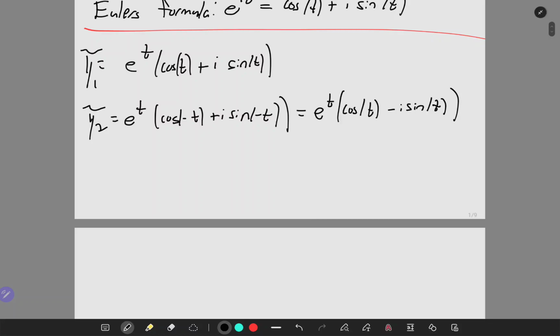So basically we can just look at one of them. Let's just look at y1. If we start with y1, we're gonna have, I'll call this like a u and a v. So like we're gonna have u would be e to the t cosine of t, and v would be, I'm not sure what happens to this i here.